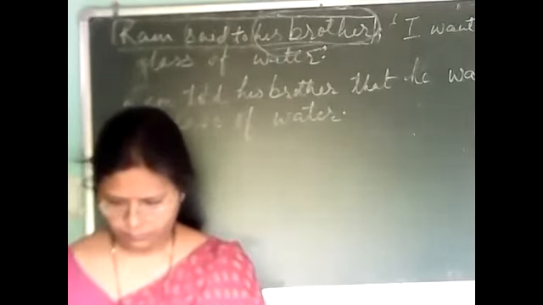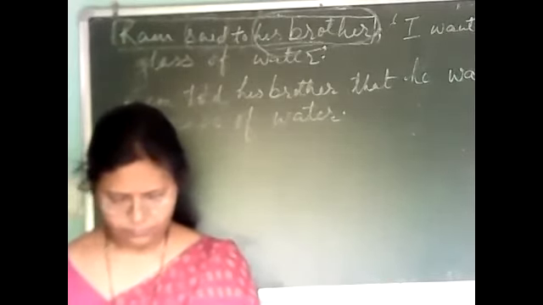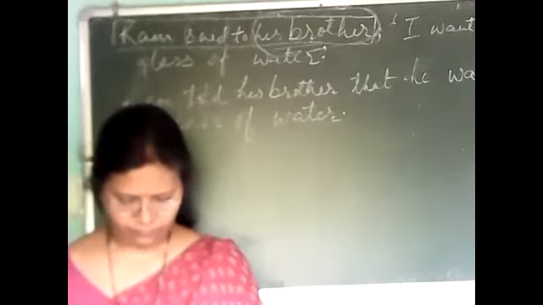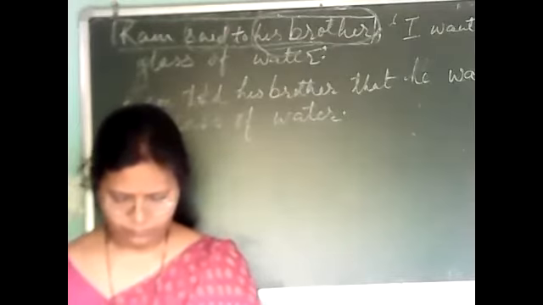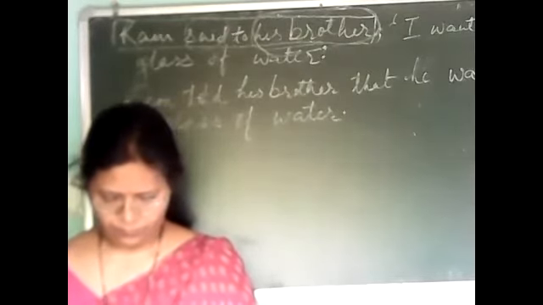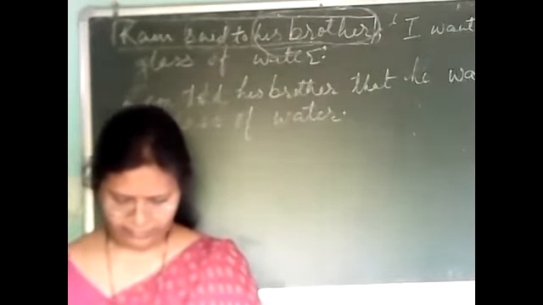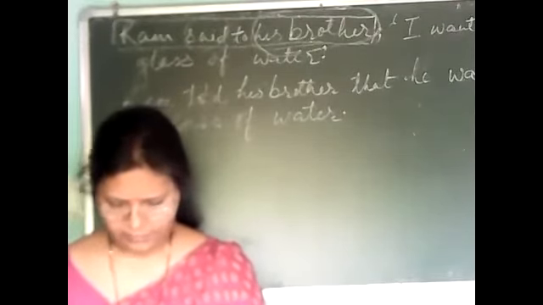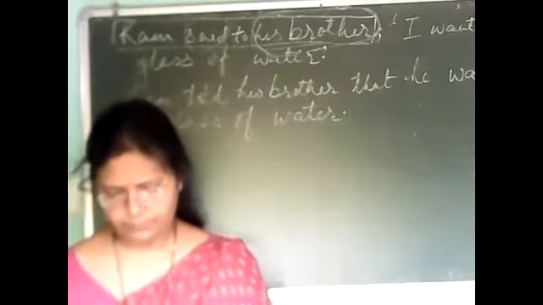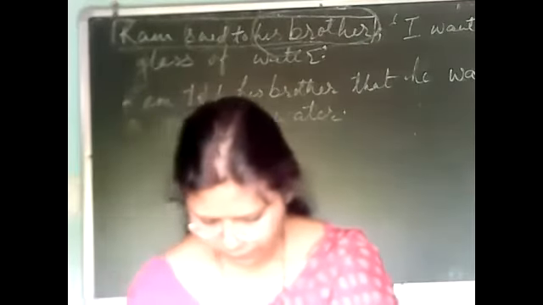Third, Isa said, "The teacher will check the notebook tomorrow." Said is the reporting verb in simple past. Isa said that the teacher would check the notebook the next day. The tense of the speech changes, and tomorrow changes to the next day. Isa said to Ritu, "The teacher will check the notebook tomorrow."